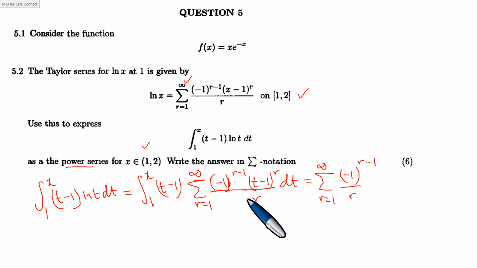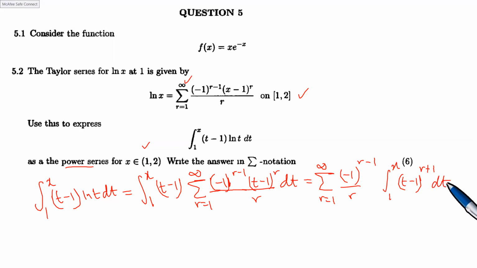And then what else is there? And then you just have the integral from 1 to x of (t minus 1) to the power r plus 1 dt.